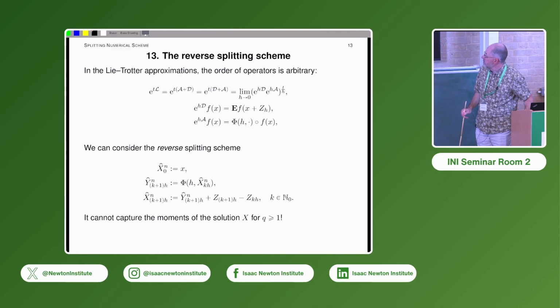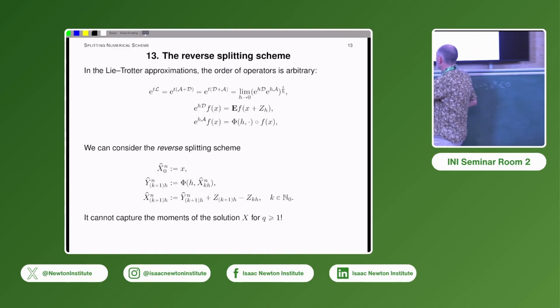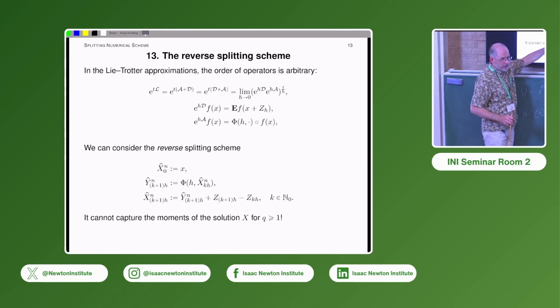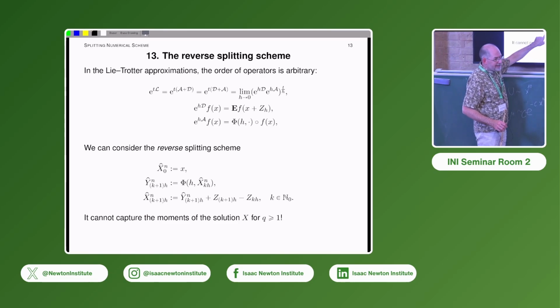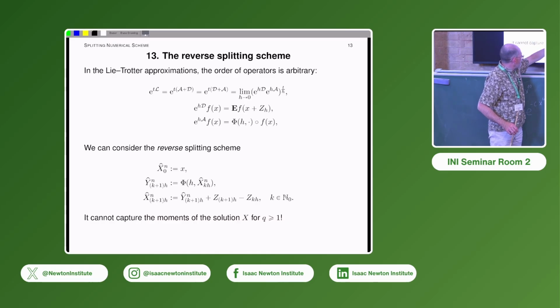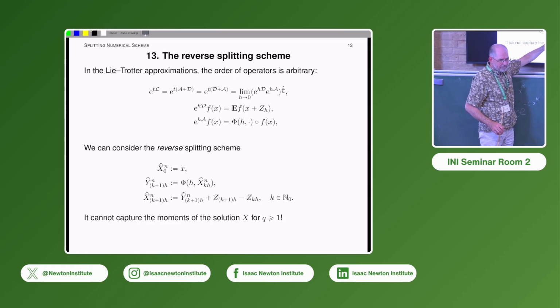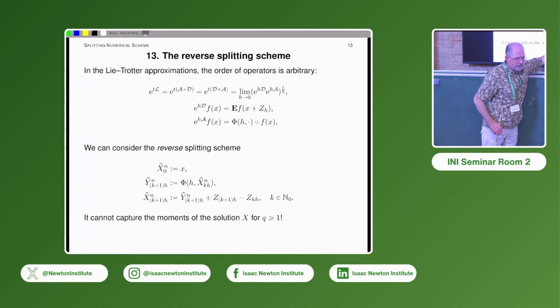Where is the reverse splitting? Here. You are interested in this one. Now let's take a naive argument. Let's take expectations. The phi is dissipative, so y is always bounded. So this is a bounded thing, and this is a Cauchy random variable.